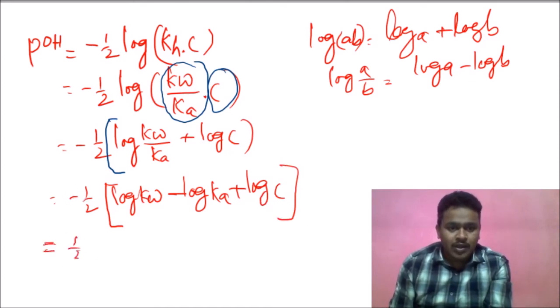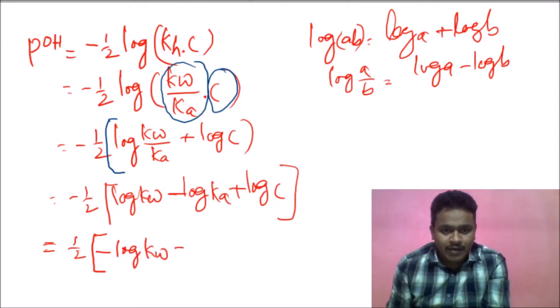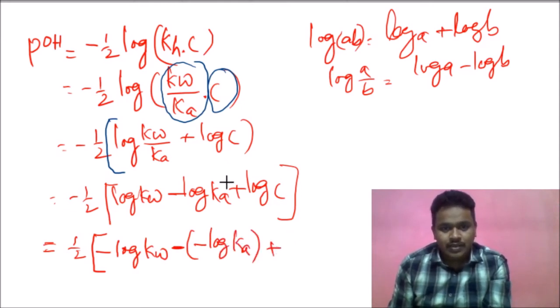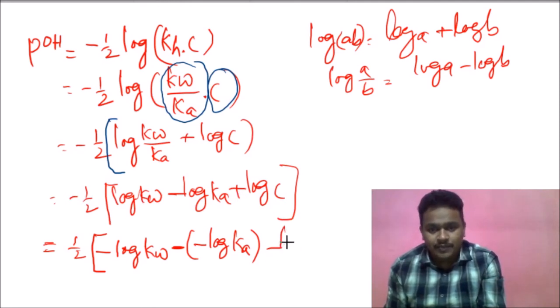What will happen? 1 by 2 minus log kw. Again I will write for my convenience, minus of minus log ka plus, this minus going inside means this will be minus only, log c.